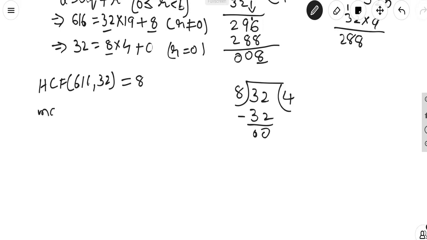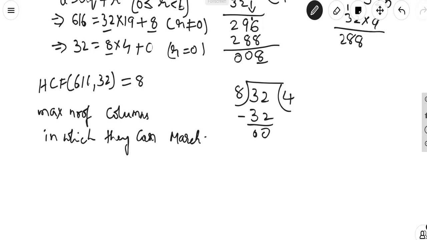That means the maximum number of columns, you have to write the maximum number of full columns in which they can march, is equal to 8. So how many columns do we have? We want 8 columns. I hope you have understood this problem.